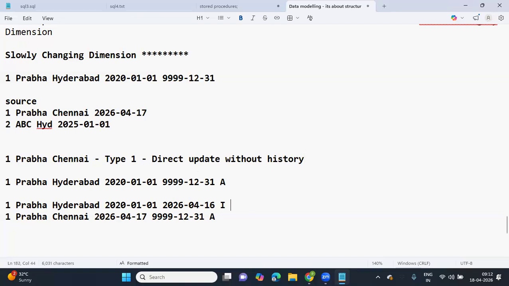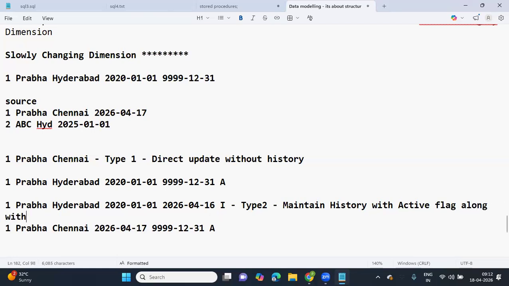And this we call it, we are maintaining history along with start and end dates and active flags. This is type 2, which means maintain history with active flag along with time period.